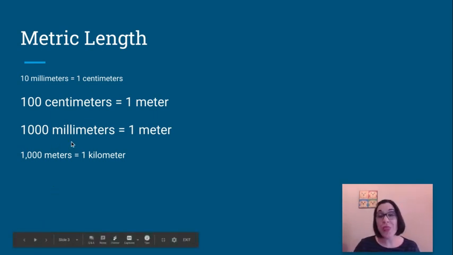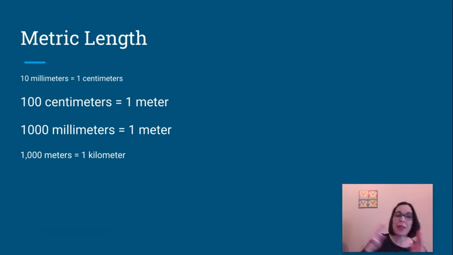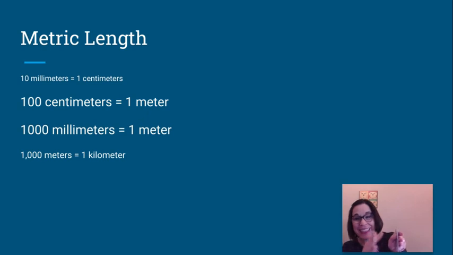Milli is 1,000. So let's think about our base unit, a meter, the length of your desk. It would take 100 peas or 100 centimeters to equal 1 meter. It would take 1,000 gift cards stacked across to equal 1 meter.